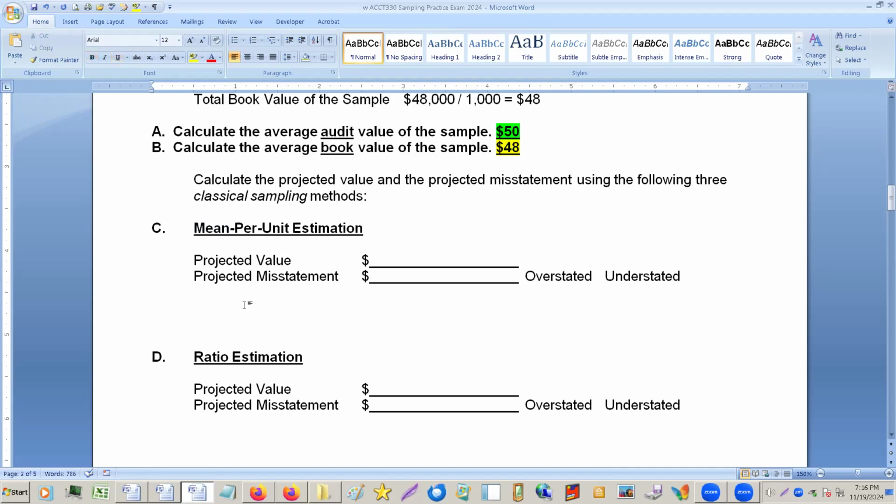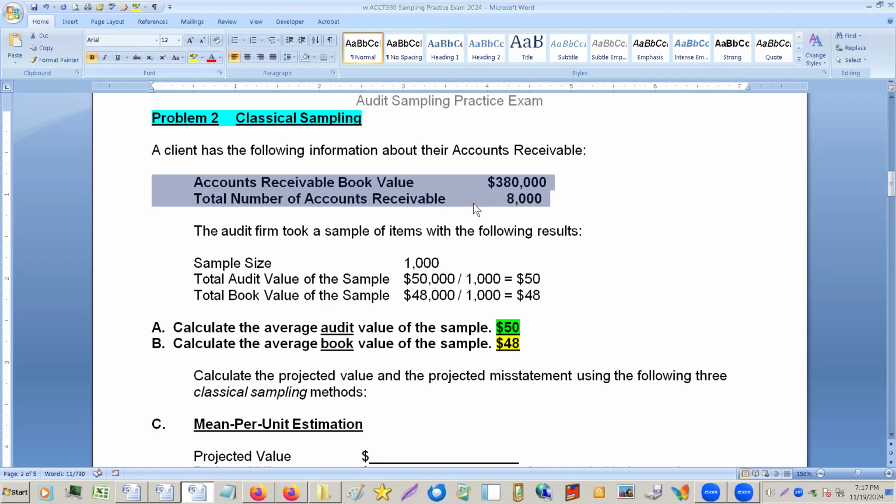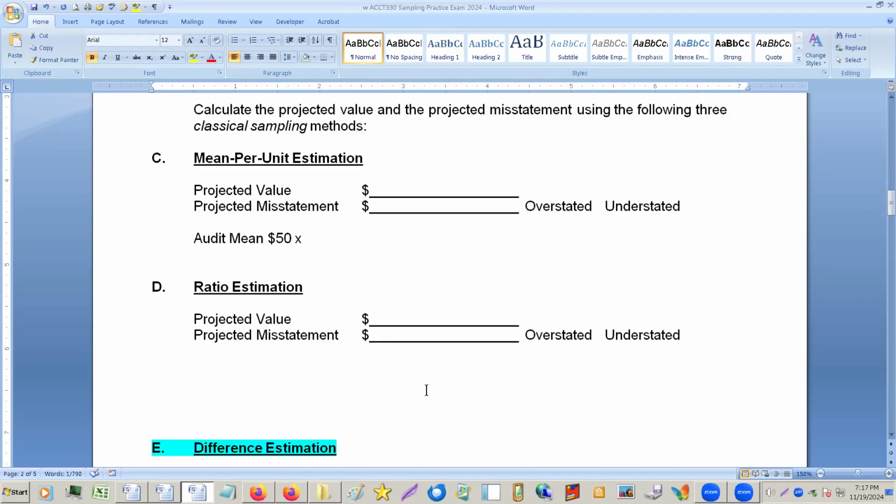Which one is more reliable, more persuasive? The one that we did or the one that someone handed to us? Audit. The audit. Yep, good. So we'll take the audit mean, the average of $50. And we're going to say, okay, everything in the total population should be valued at $50. So all 8,000 of these accounts receivable should be $50.